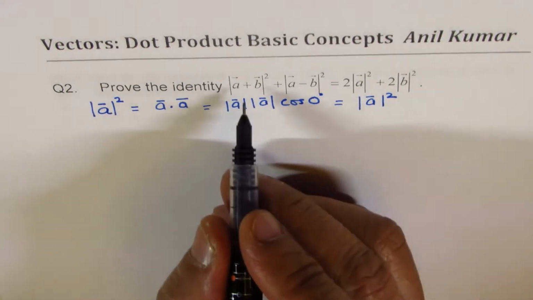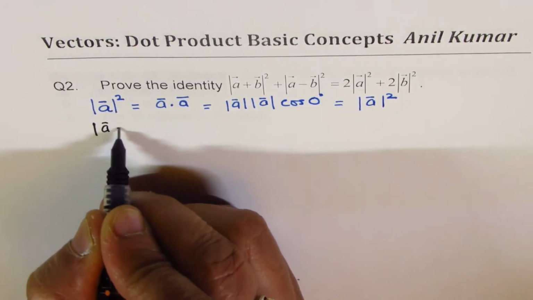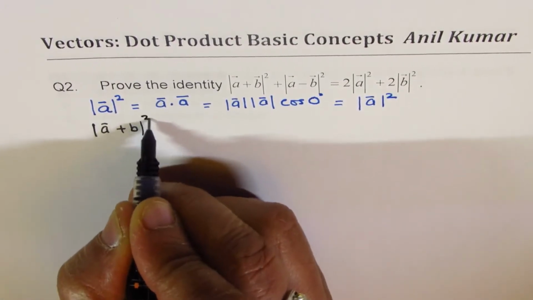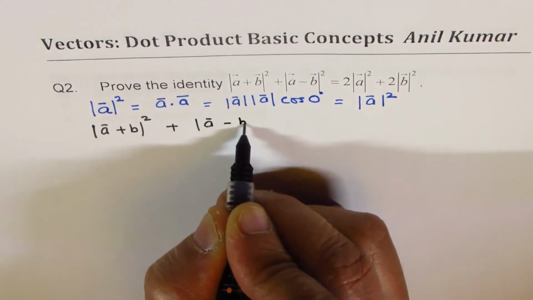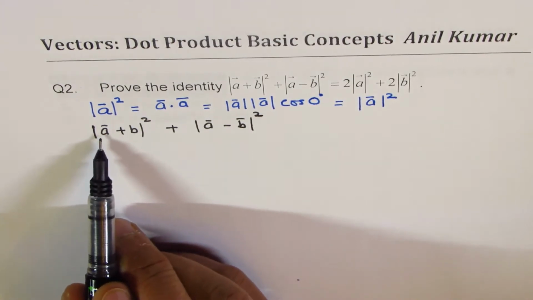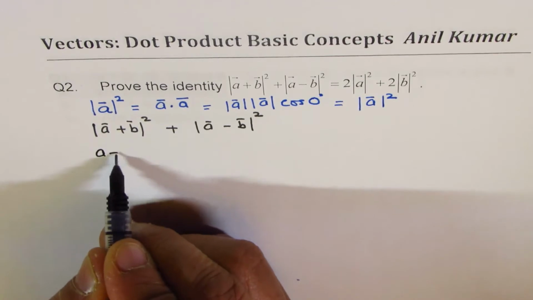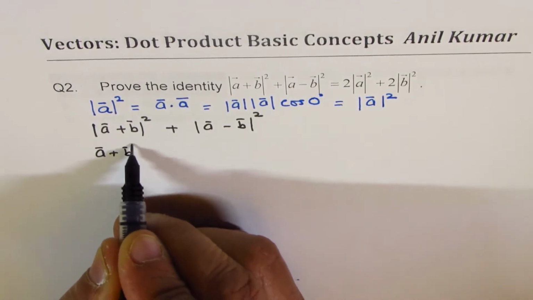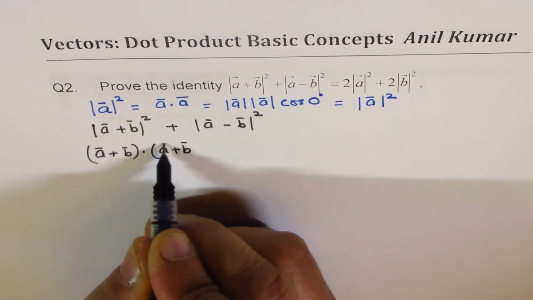So let's begin. We have on the left side magnitude of A plus B whole square plus magnitude of A minus B whole square. Now magnitude of A plus B whole square also means A plus B dot A plus B, right?